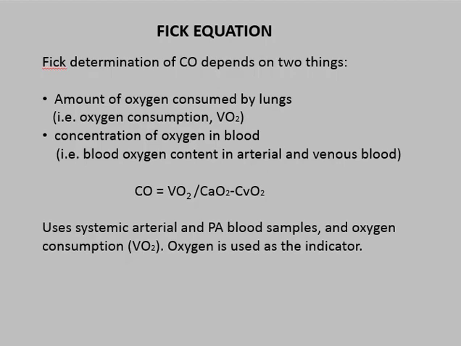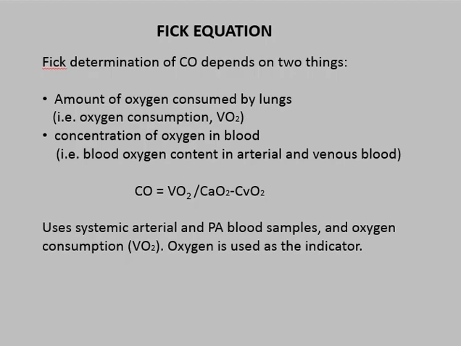And second, the concentration of oxygen in blood, meaning the blood oxygen content in arterial and also that in venous blood. So the FICK equation for cardiac output consists of four variables, one of which is cardiac output, and the other three are the ones we need to calculate or measure to evaluate the fourth.